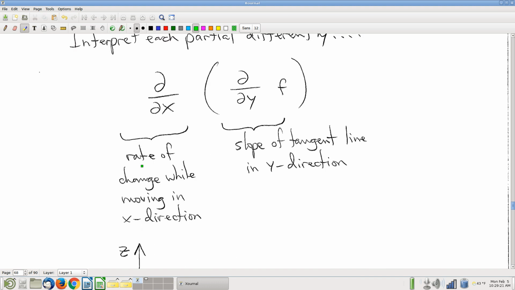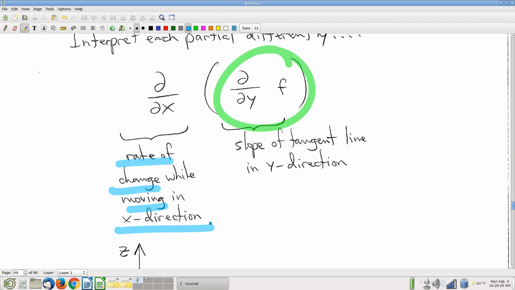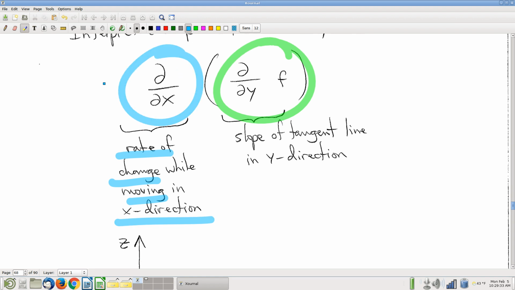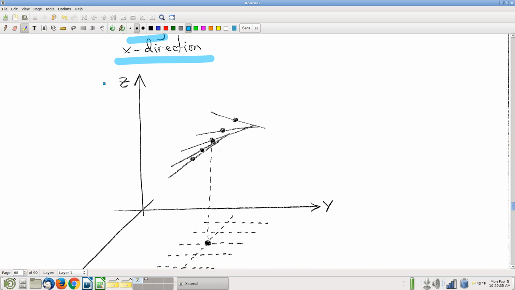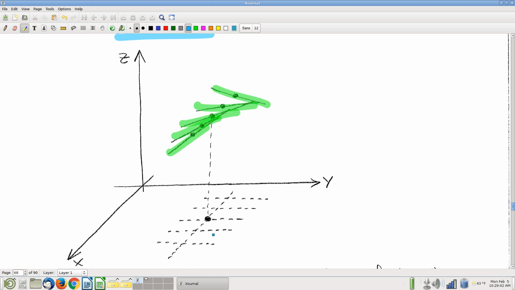Now notice, those y partials, those slopes, are what I want to know: how fast do they change when I move in the x direction? So I'm going to look at these green slopes, and I want to know as I move in the x direction, how are they changing?